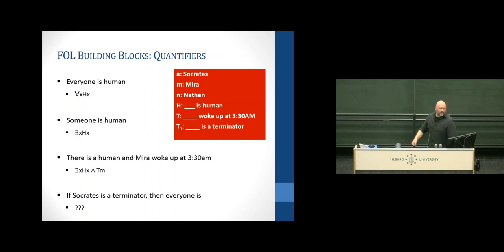What's our antecedent? Antecedent is Socrates the Terminator. We know how to do that, right? How would we do Socrates the Terminator? Yeah, right? We did it a few minutes ago. T1, little a. Okay. Now, how would we say everyone's a Terminator? Yeah. So universal quantifier x, T1x.